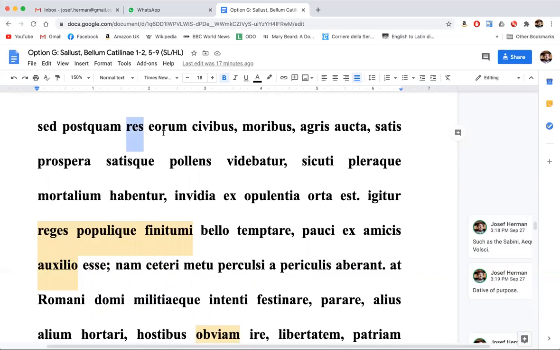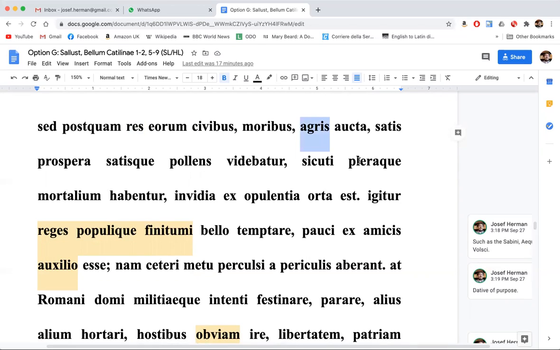So, but after their community, having grown, aucta, perfect participle from augeo, having grown in, and now we have three ablatives, in citizens, in customs, moribus, and literally in fields, agris, although you could translate agris as territory.